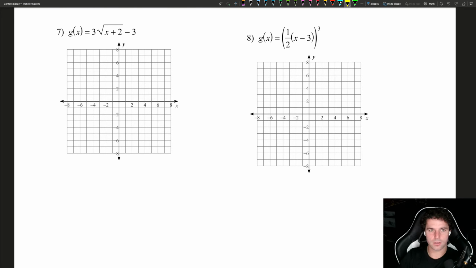Okay, so this plus 2 on the inside, that means we're shifting left 2. This minus 3 on the outside, that means we go down 3. And then this 3, this multiplier, means we're getting steeper, right? So that's a vertical stretch. Yes, vertical stretch. Okay.